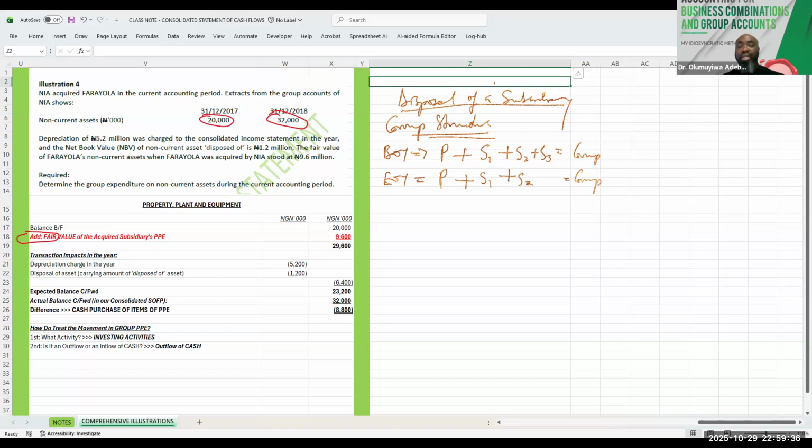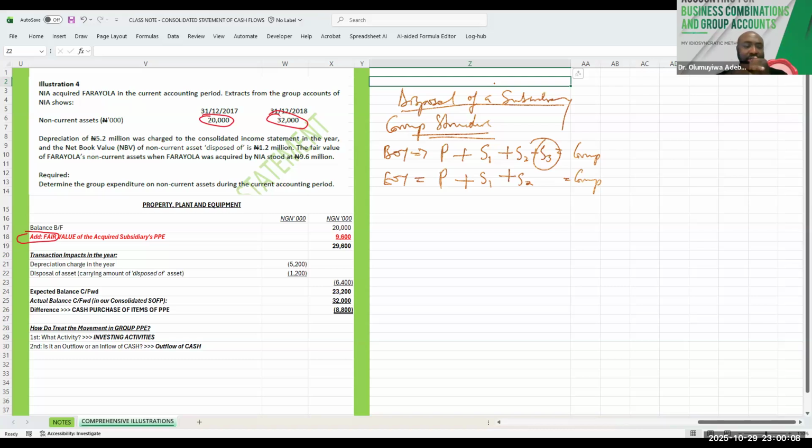What happened? S3 existed at the beginning, but before the end of the year, it has been disposed of. Now, when we are comparing the balance of an asset or liability at the beginning with the balance at the end, they are not comparable because 4 entities make up the group at the beginning, whilst 3 entities make up the group at the end.